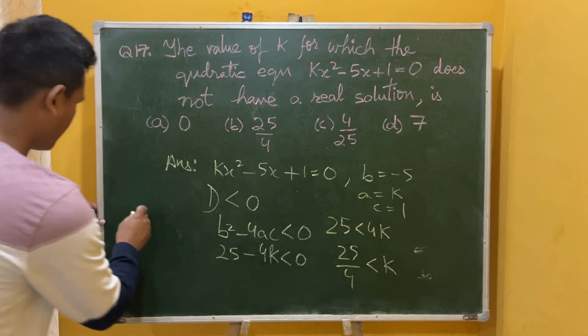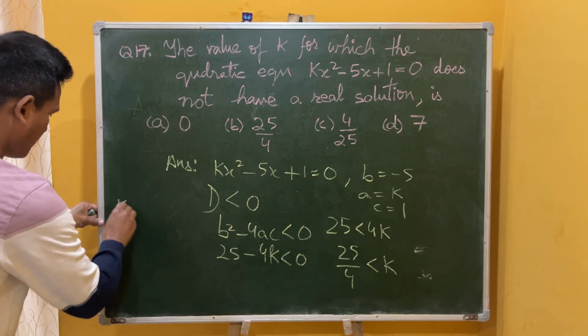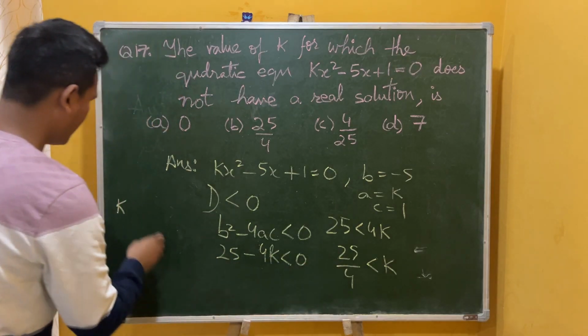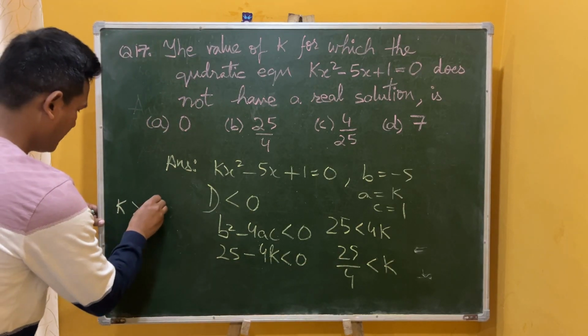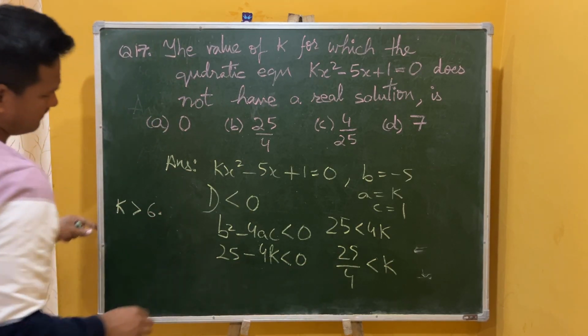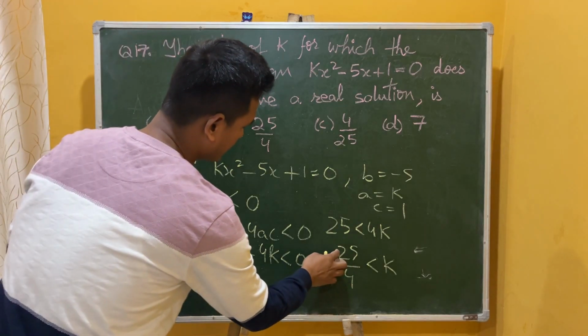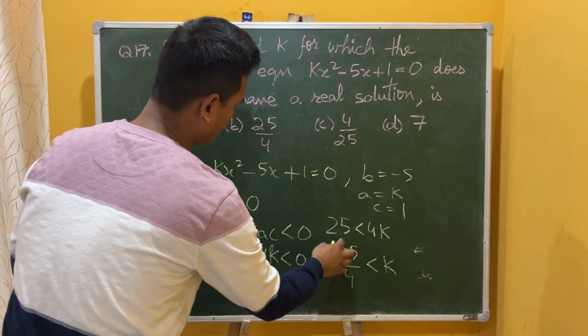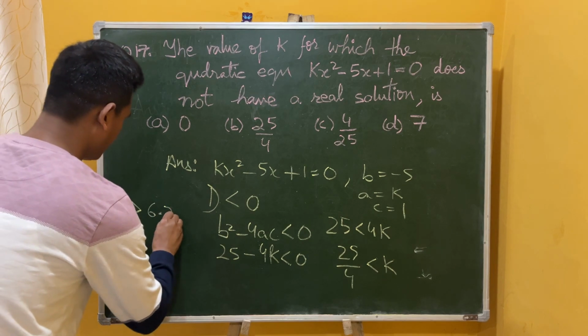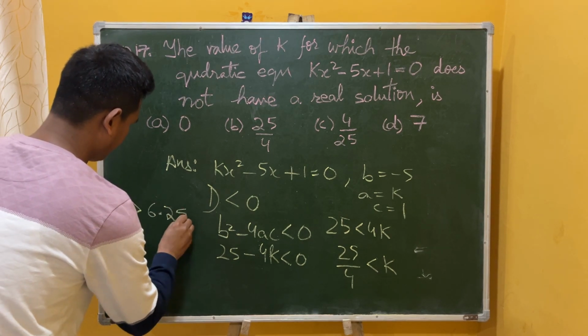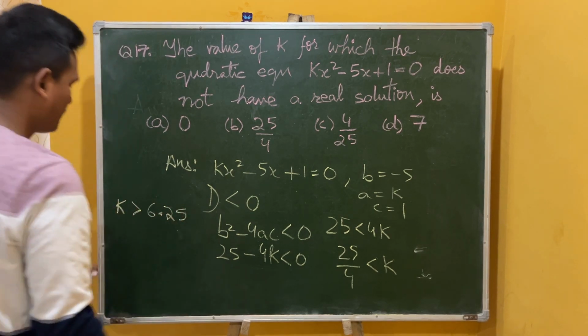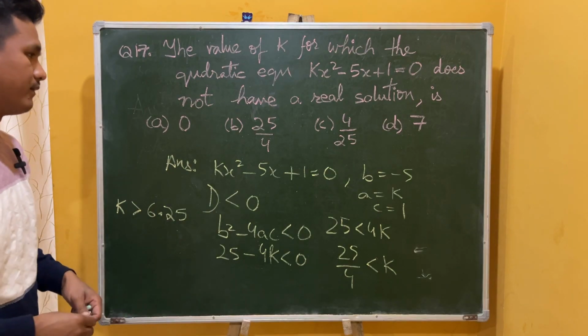If you find the decimal value, 25 by 4 is 6.25. So k's value is greater than 6.25.